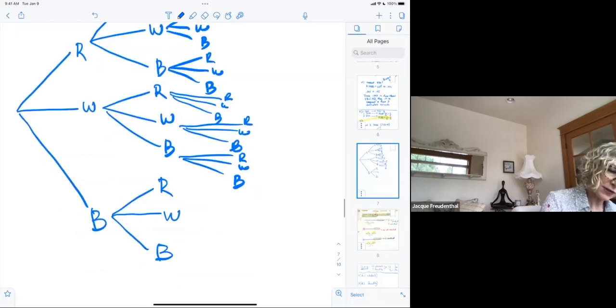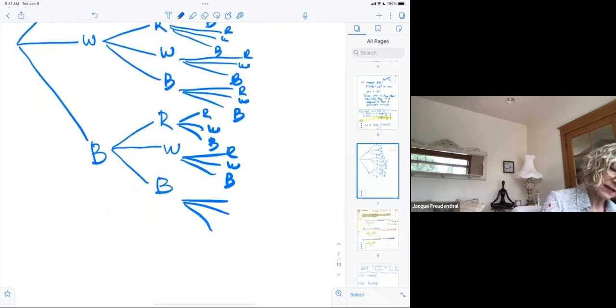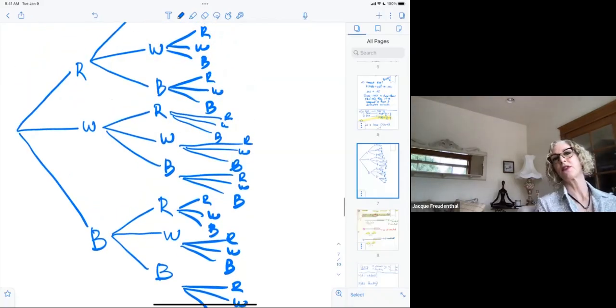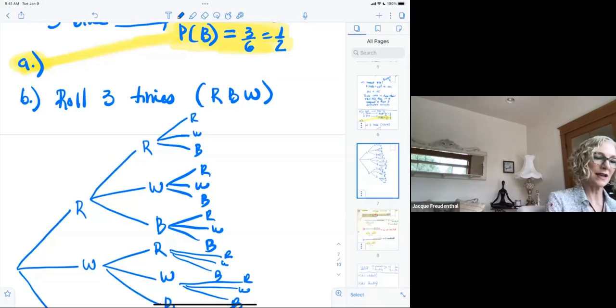This is why a tree diagram sometimes is a lot more challenging when you have so many options, because it's hard to draw it big enough. Okay, so those are the 3 layers, and we're trying to find out when we get one of each color.